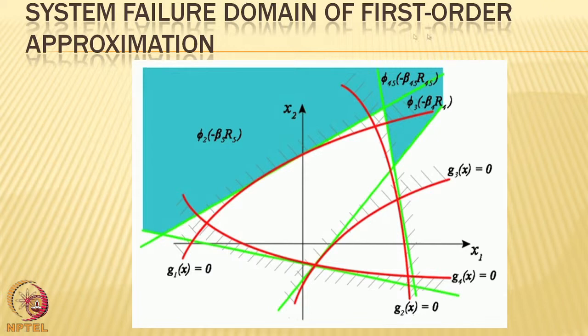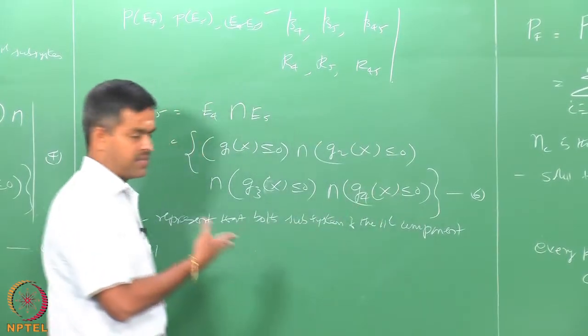So, the red lines indicate the failure domain, let us say G1 of x equals 0, and this indicates G2 of x equals 0, and this indicates the performance function G4 of x equals 0, and this indicates G3 of x equals 0. We are looking for the intersection of these. The shaded portion shows the system failure domain, which is the intersection of all these as seen in equation number 6.